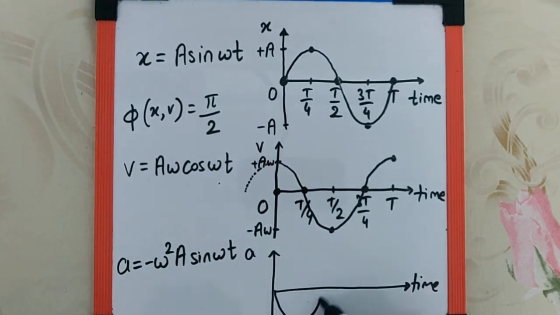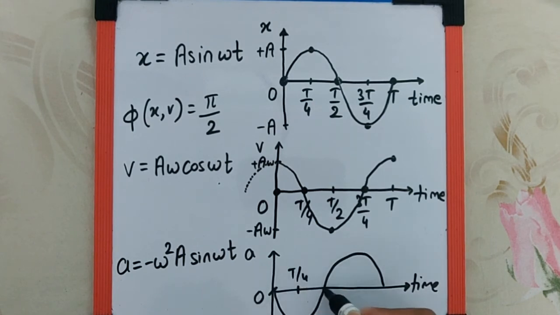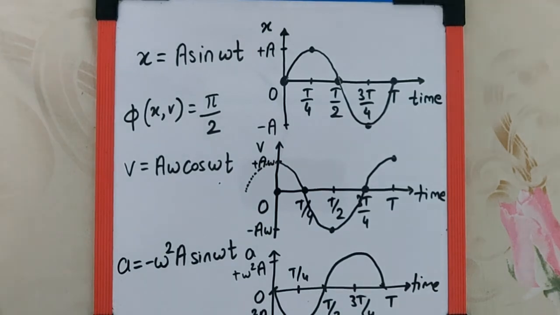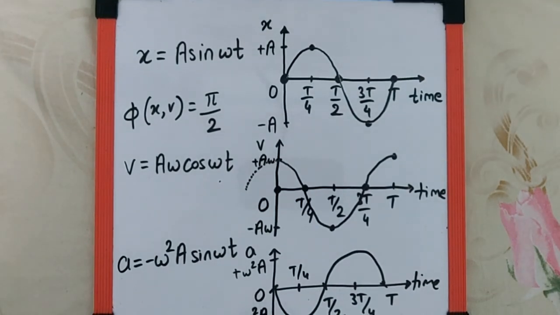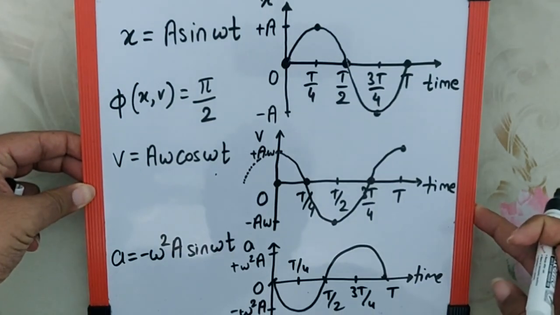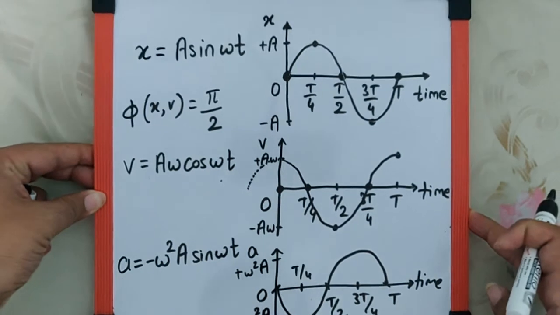Something like this. And so over here we got the extremes as plus omega square a and minus omega square a.